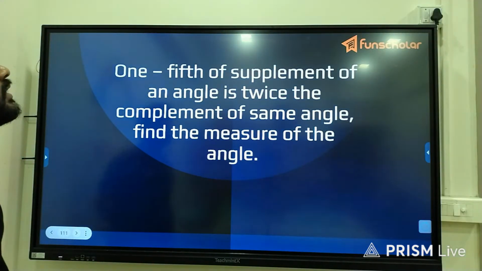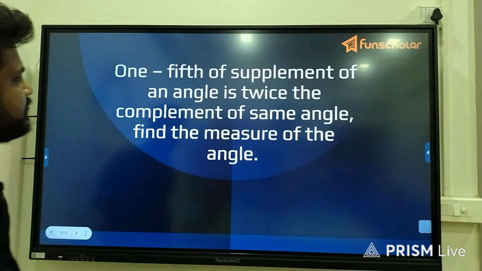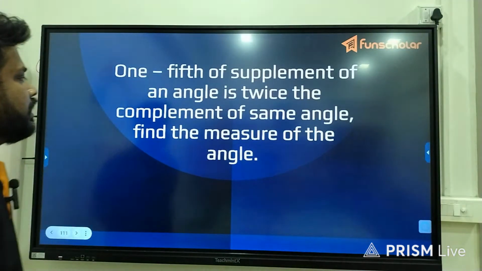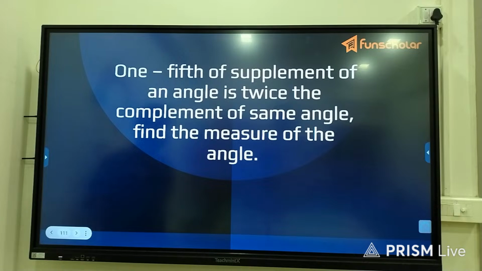One fifth of the supplement of an angle is twice the complement of the same angle. Find the measure of the angle.